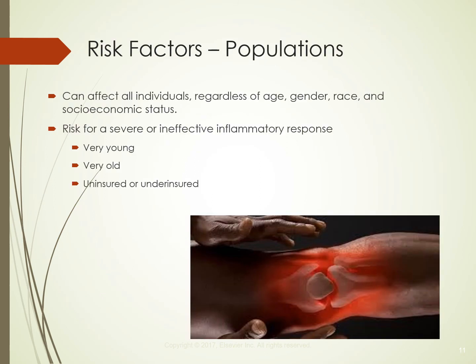Risk factors, populations. They can affect all individuals regardless of age, gender, race, and socioeconomic status. Risk for a severe or ineffective inflammatory response includes those very young or very old, or uninsured or underinsured.